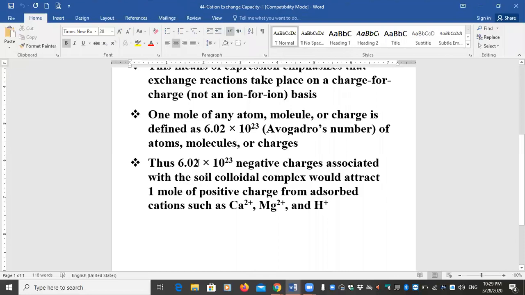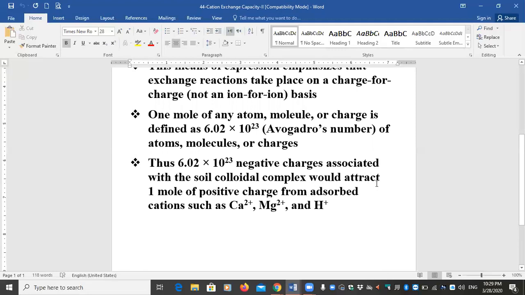Thus, 6.02 times 10 to the 23 negative charges associated with the soil colloidal complex would attract 1 mole of positive charge from the adsorbed cations, such as calcium, magnesium, and hydrogen. So if you have 1 mole of negative charges on the soil colloids, they have to be neutralized.